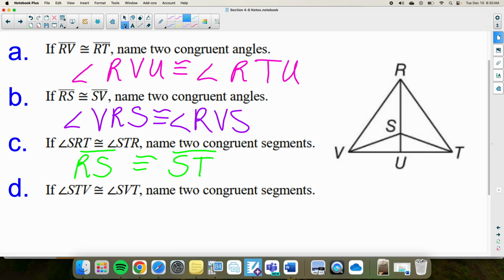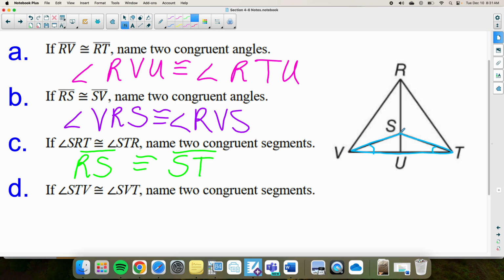Now let's go to this last one. It says if angle STV, this little one right there, is congruent to SVT, this little one right here, that means we're using this little triangle down here. What two segments would be congruent then?